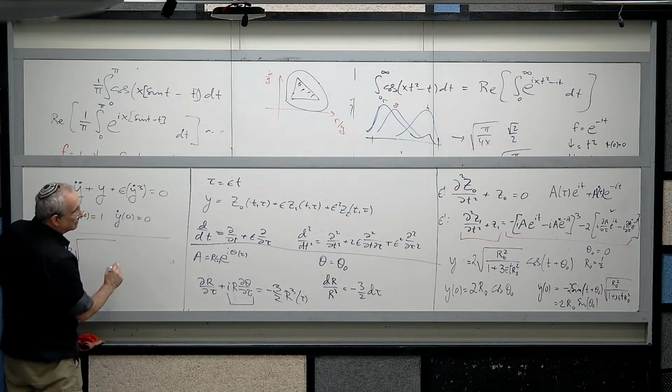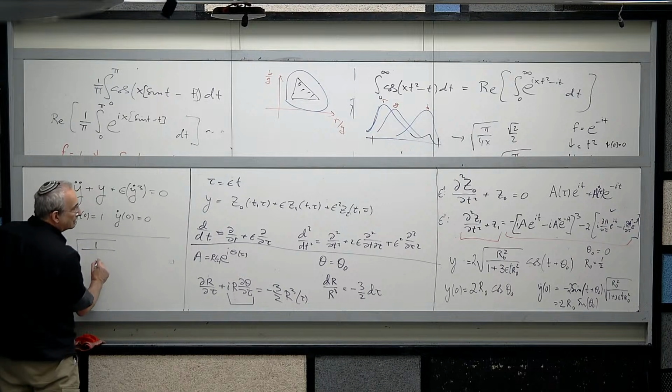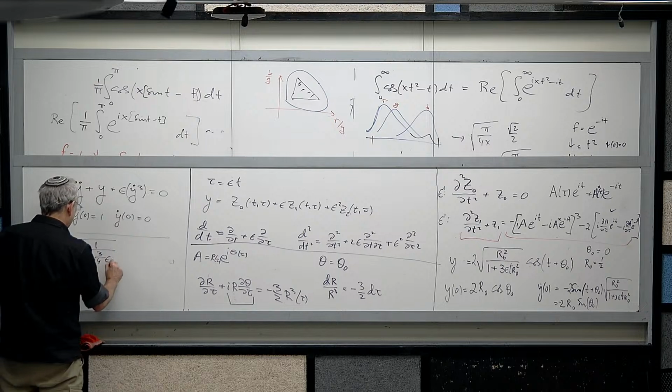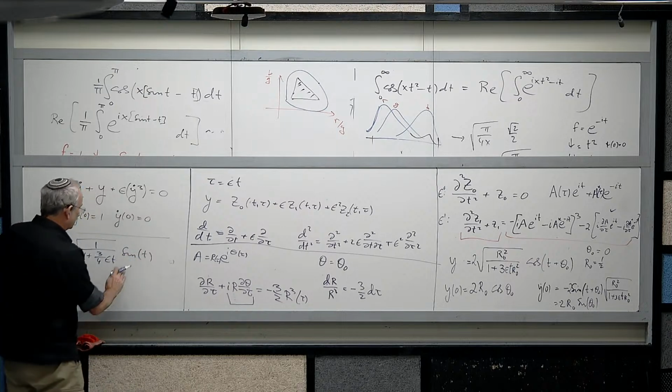So the square root of 1/4 is 1/2, so this will go away, and I will have 1 plus 3/4 epsilon t, cosine.